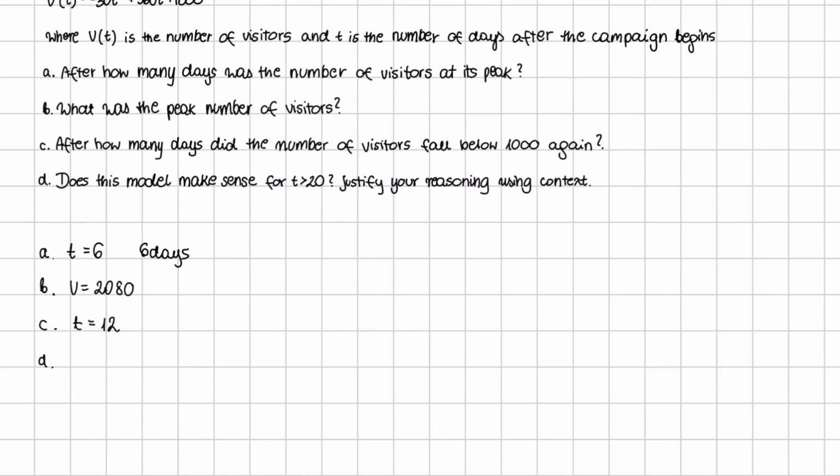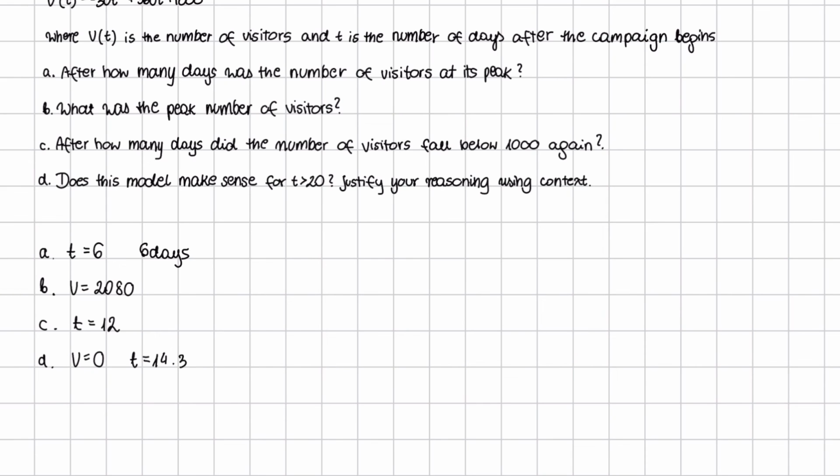D, does this model make sense for t greater than 20? Justify your reasoning using context. So firstly, we have to look for the amount of days when our V, so our number of visitors, is equal to 0. And our V is equal to 0 at t equals 14.3.